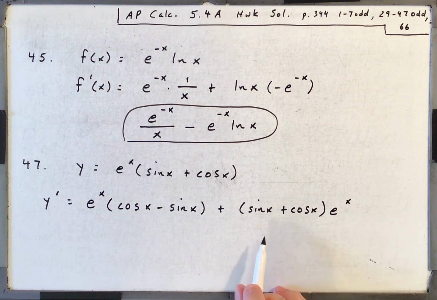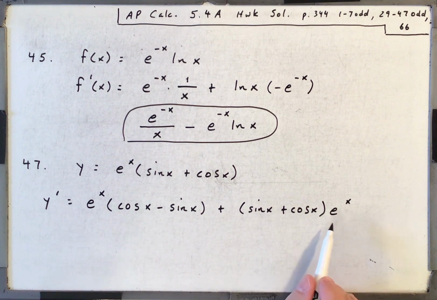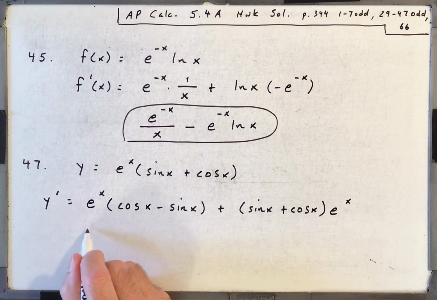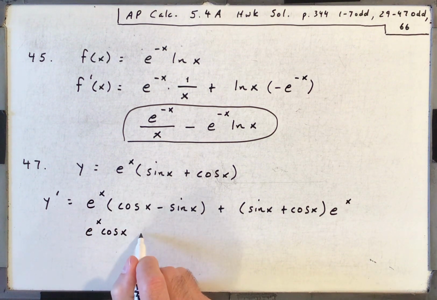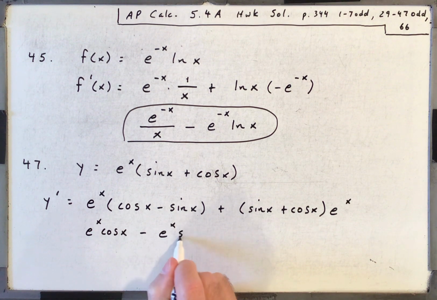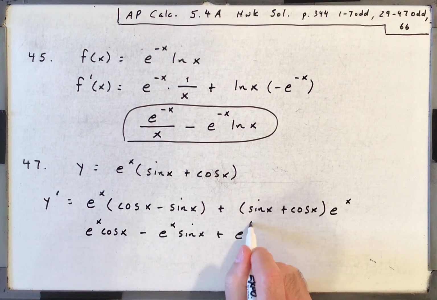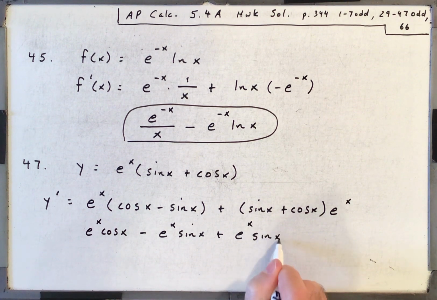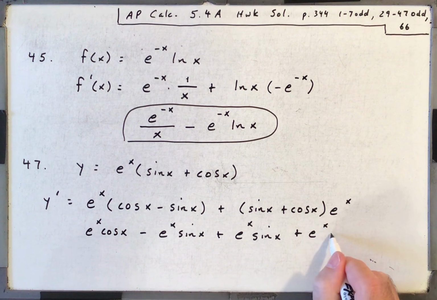Now you might be tempted to stop there, but if we distribute these e to the x's, some stuff cancels out. So I would have e to the x cosine x minus e to the x sine x plus e to the x sine x, I hope you see what just happened there, plus e to the x cosine x.